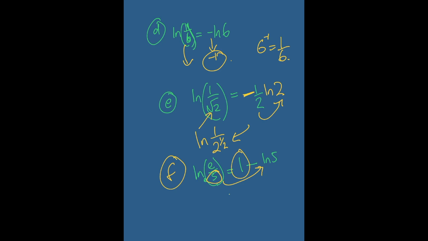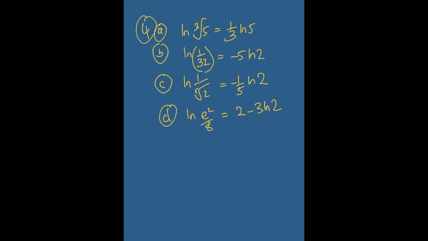That's because if we use the log laws here, we end up with the natural log of e minus log of 5, and this is 1, because what is this telling us? This is telling us what power gives us e again. So it's got to be 1. e to the power of 1 is e. So that's where our 1 comes from.